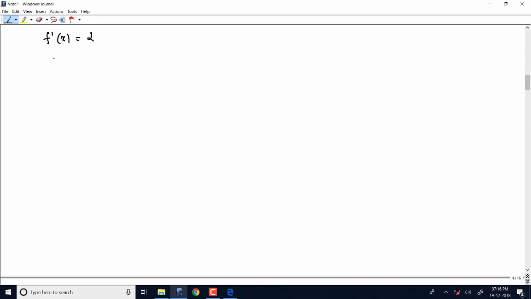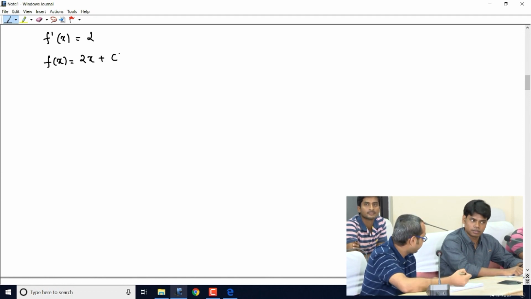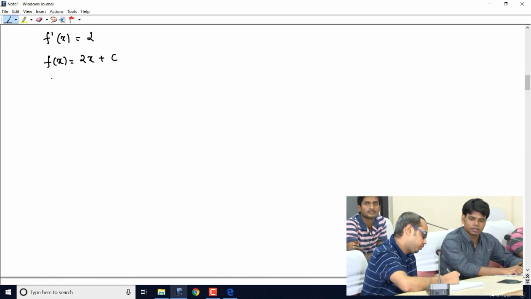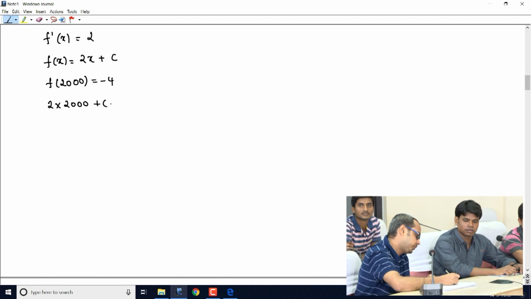So if f dash x equals 2, solving this differential equation we get f(x) should be 2x plus some constant. Now given that f of 2000 is -4, that means 2 into 2000 plus c should be -4.